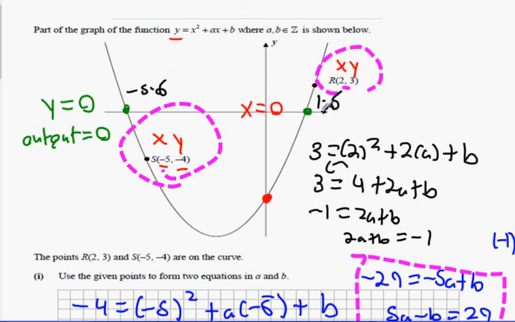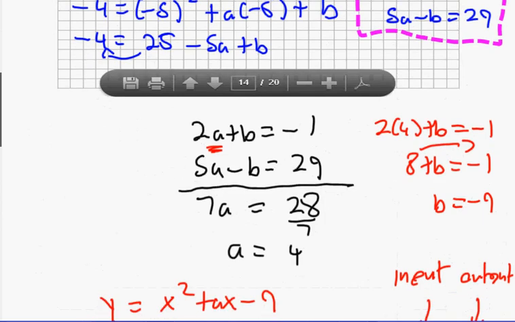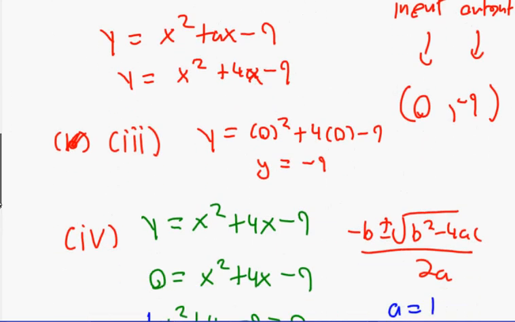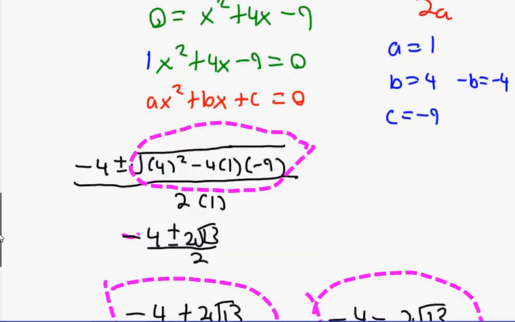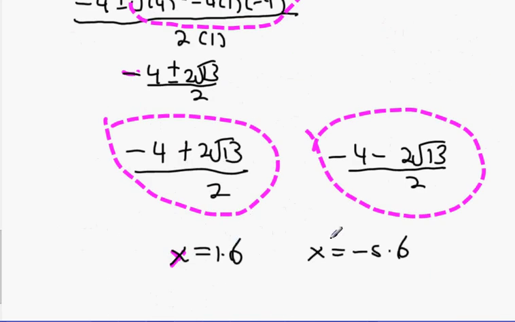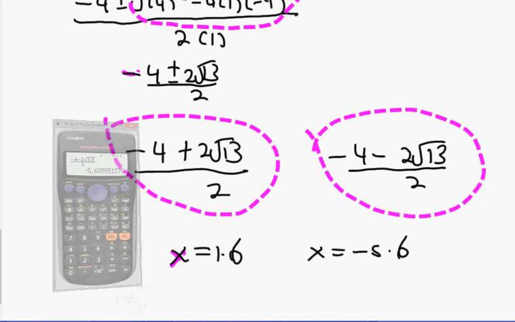I'm about to show you one more trick. Ready? One more trick. And this will help you check your answer at the end of an exam. We say across the y-axis at 0, minus 9, yeah? And across the x-axis at 1.6 and minus 5.6. Now let me show you what happens here.